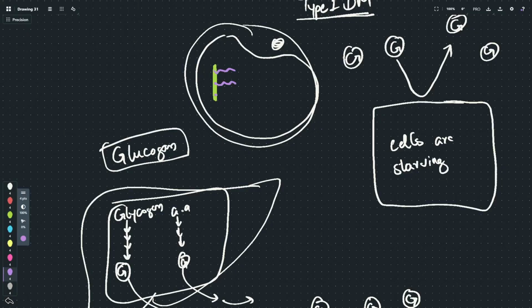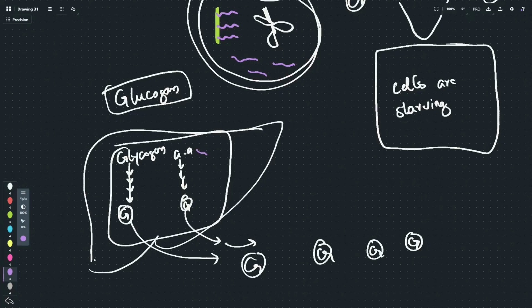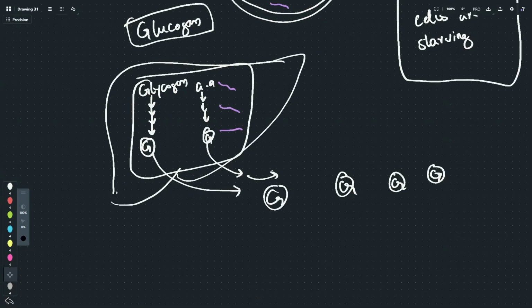Certain enzymes called lipases are like cutters. Under the action of glucagon and other counter-regulatory hormones, they cut these fatty acids off, and the fatty acids are released into the blood and ultimately come to the liver.